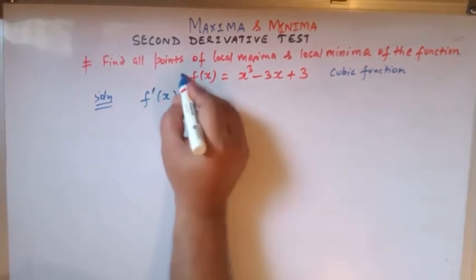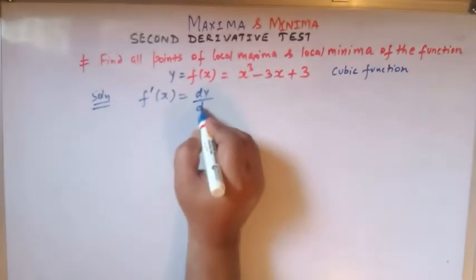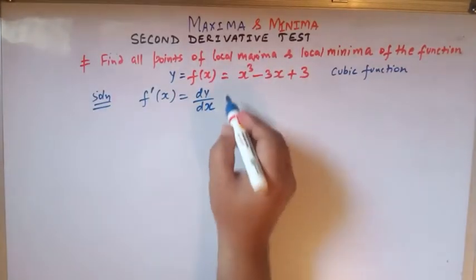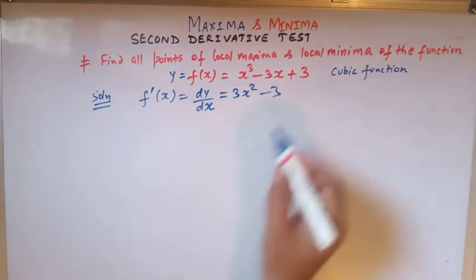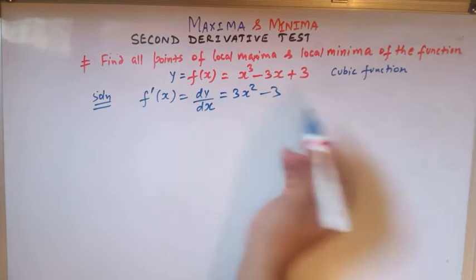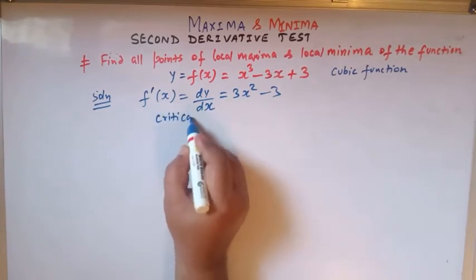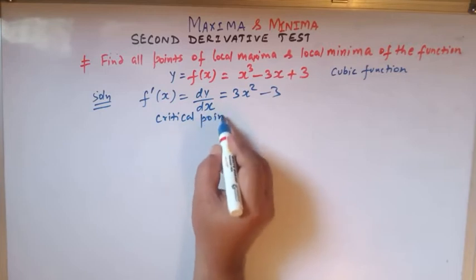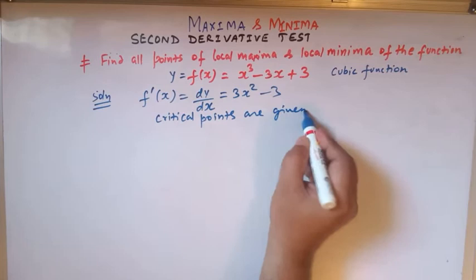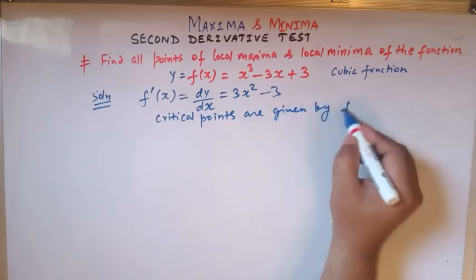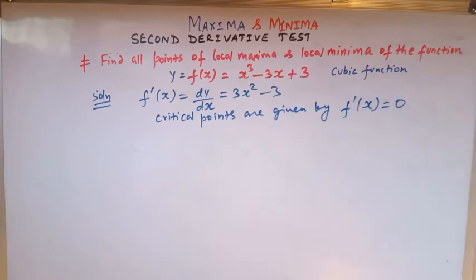Say if this is y equal to f of x, then we'll find dy over dx, and this is equal to 3x square minus 3, and the critical points are given by equating f prime of x equal to 0.